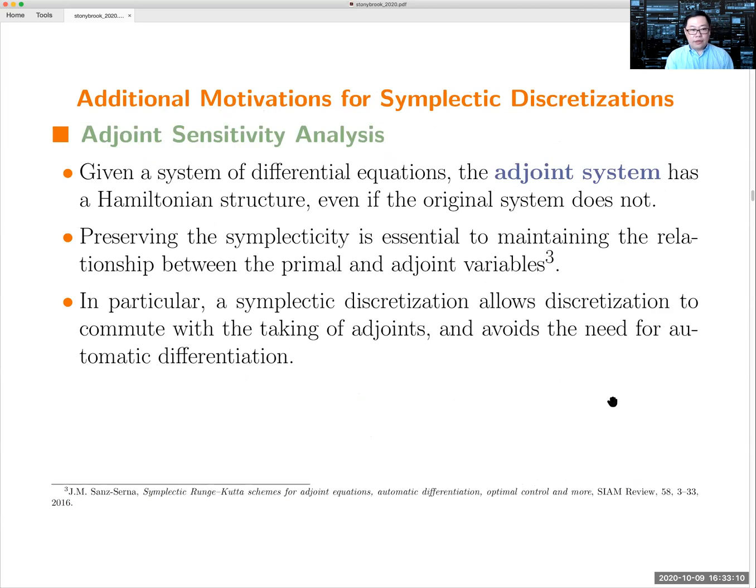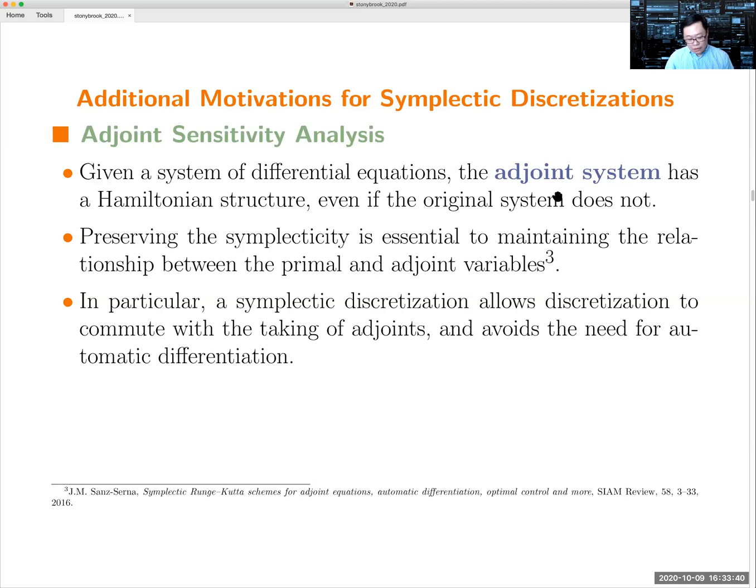So, all right. There are additional motivations for studying symplectic discretizations, and one of which is that, even if you have differential equations which are not Hamiltonian, a lot of times, especially in engineering and in finance, you're interested in this question of sensitivity. So you're interested in asking, what happens if there's uncertainty, or if I change things, how does the system solution respond?